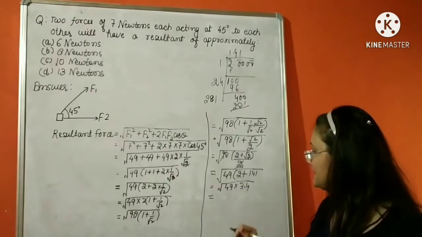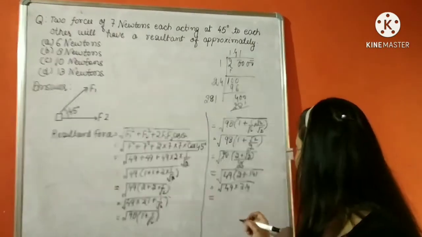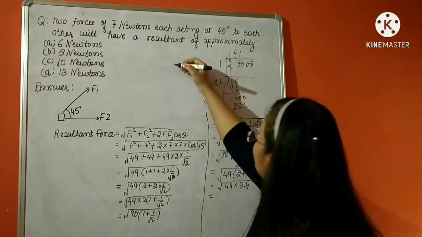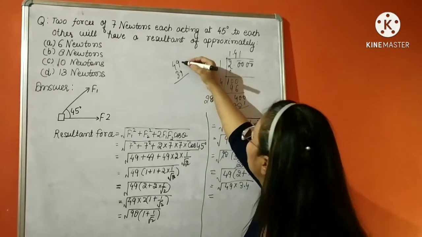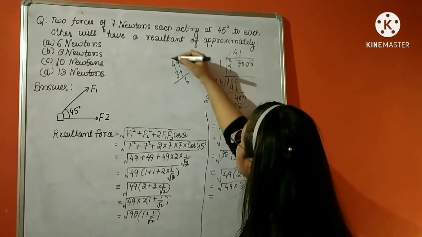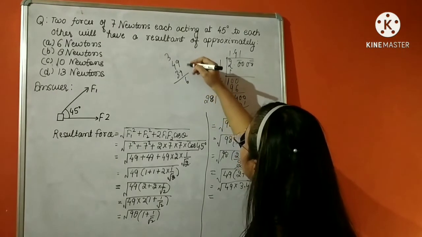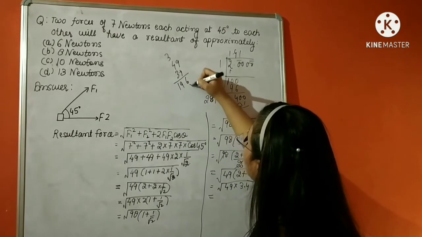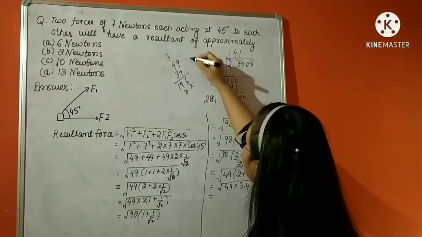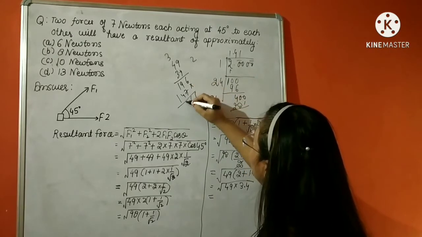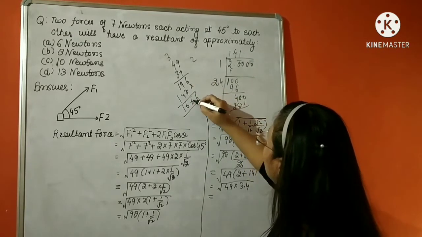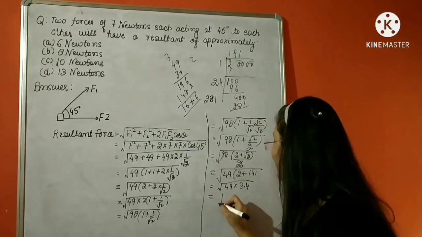Now we can simply solve it by multiplying 49 by 3.4. Let me do it here. So it is 166 point 6.